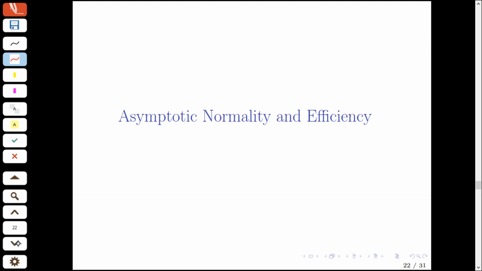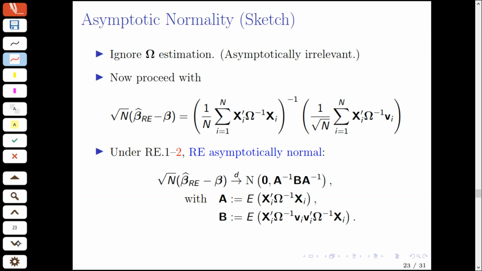Next, we'll proceed to talking about how one may establish asymptotic normality of the random effects estimator, as well as establishing that the random effects estimator is efficient under certain conditions. Here I'm only going to give a sketch for the argument of asymptotic normality, and I'll leave the details for you to look at in Wooldridge.